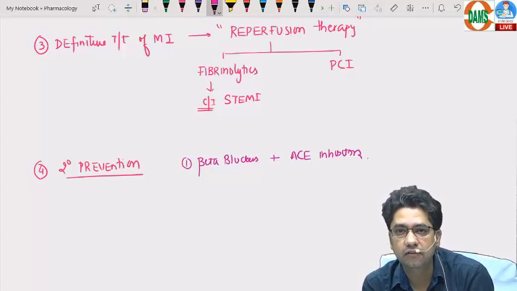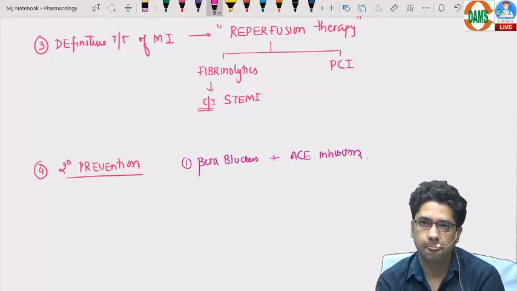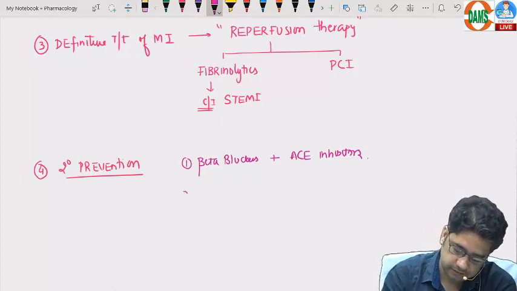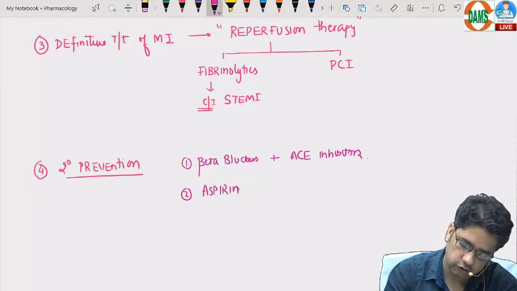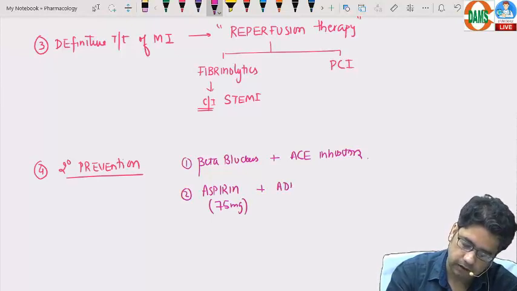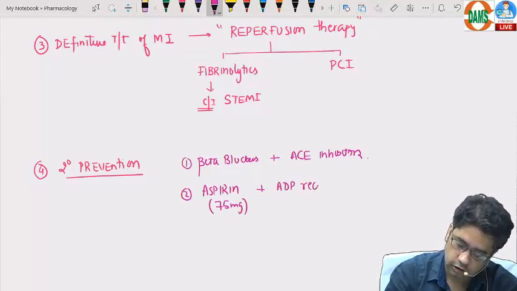MI के बाद heart failure हो सकता है, so they will prevent cardiac remodeling. Next, aspirin. In which dose? 75 milligram plus ADP receptor blocker, clopidogrel, prasugrel, etc.